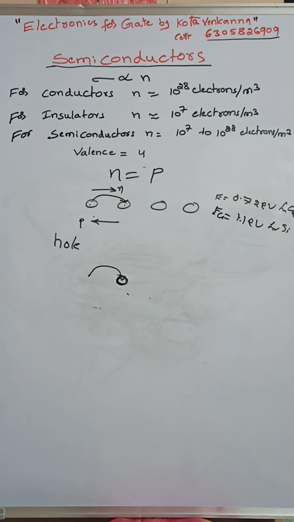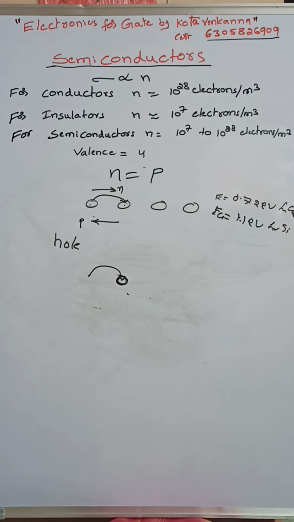The crystal structure of a semiconductor is tetravalent, and between any atoms the bond is a covalent bond. In a covalent bond, 2 electrons of neighboring atoms are connected.